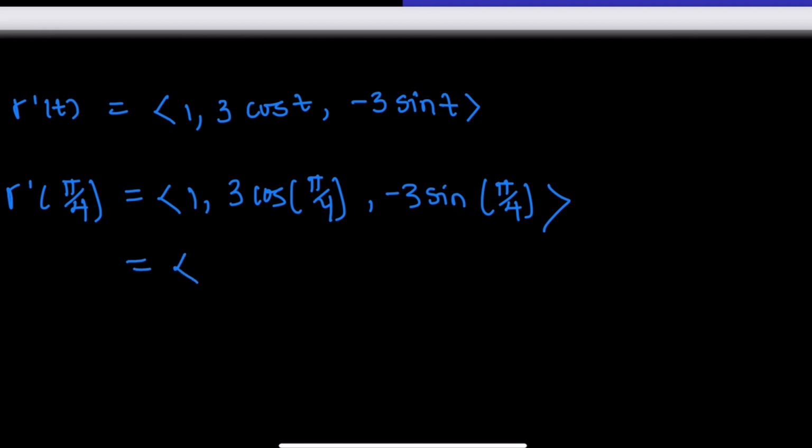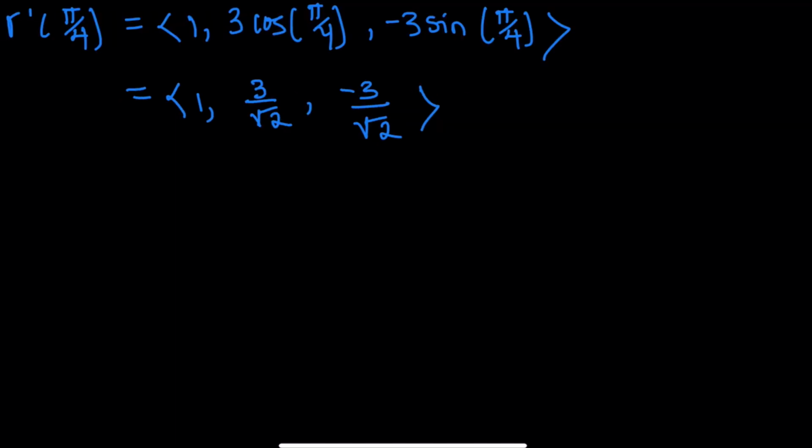This is going to give us 1, 3 root 2 over 2, minus 3 root 2 over 2. We have everything that we need to find the equation of the line. So we are going to have the equation of the line given as r of t equal to r naught plus t v.